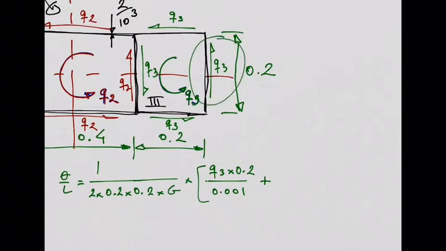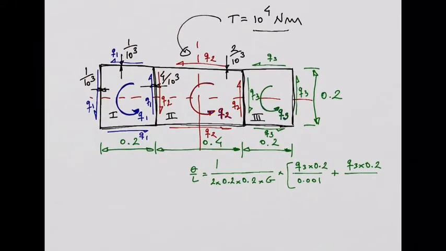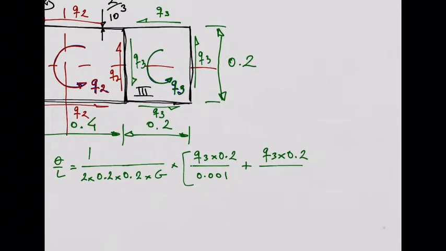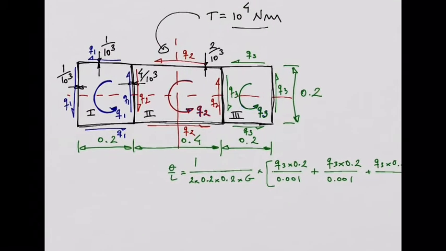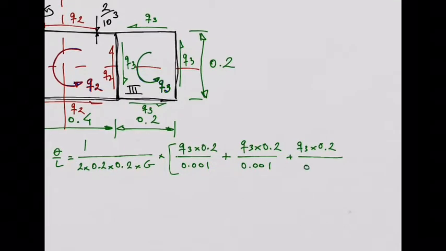Now moving to this wall. Okay. We have Q3 times 0.2 as well. The thickness of this wall is again 0.001. This wall here in the top, we have Q3, 0.2, the thickness is 0.001.